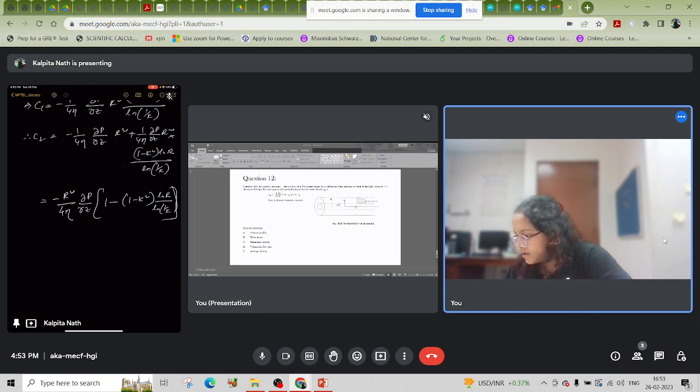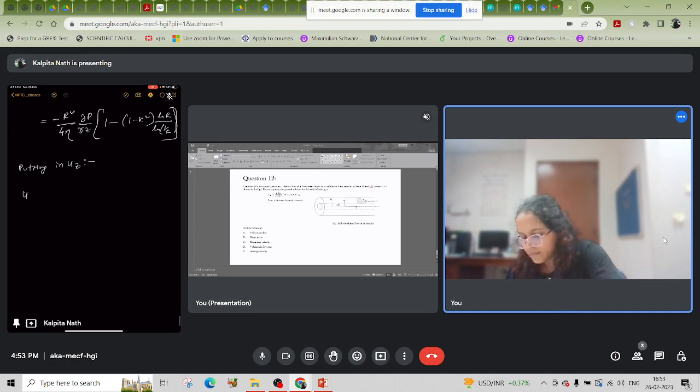Okay, so this is C2. Putting everything in uz, we get uz is equal to 1 by 4 eta del p del z r square minus 1 by 4 eta del p del z r square 1 minus kappa square by ln 1 by kappa, and here ln r will also be there.